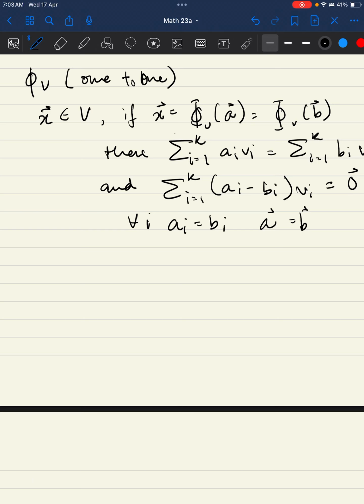The second thing is that phi V is also onto because all basis vectors are spanning.